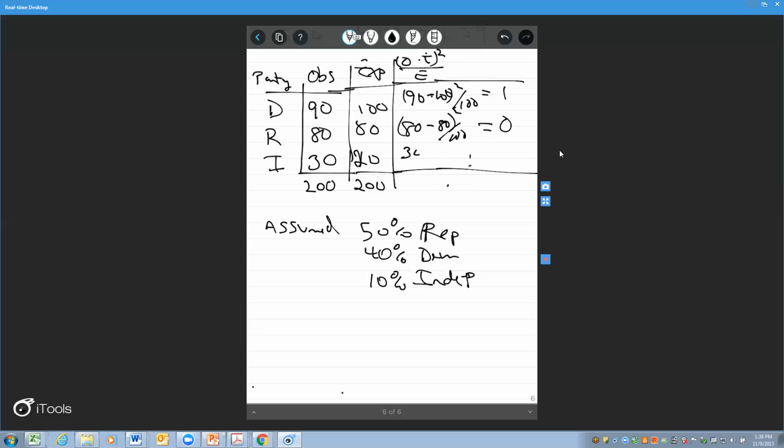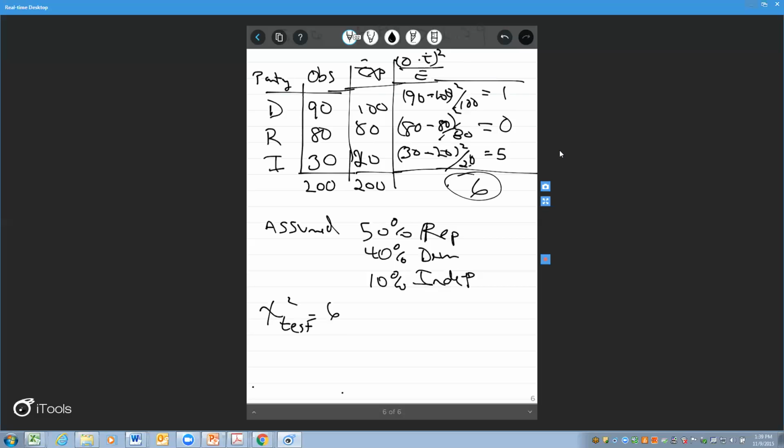And 30 minus 20 squared, oops, this would be over 80, not 100, over 20 is equal to 5. So total, we get 6. Again, that's our test statistic. So our test statistic is 6.